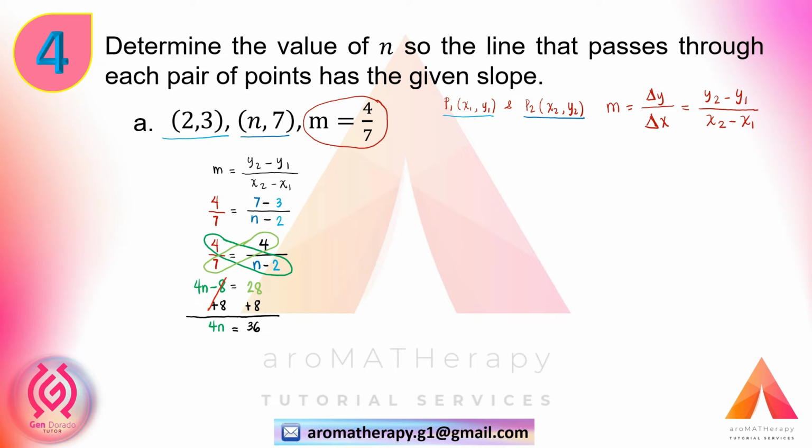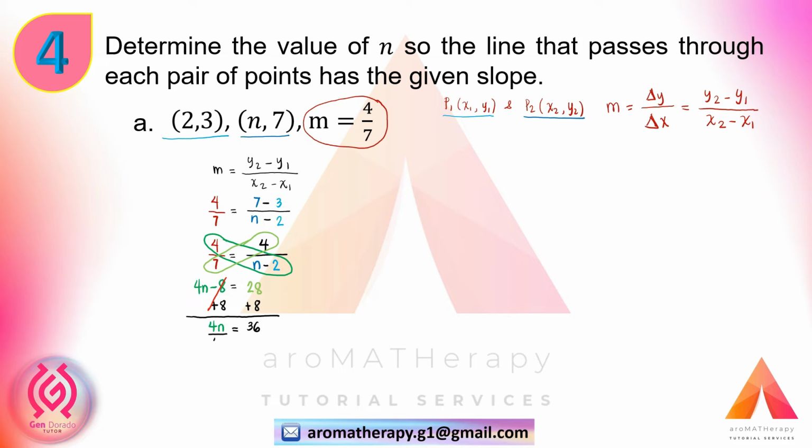Okay? So, here we are tasked to find for the value of n. Hanapin natin si n using this equation. O, recall nyo rin yung simple algebra ninyo na lesson. So, let's divide both sides of the equation by 4 para matira na si n.